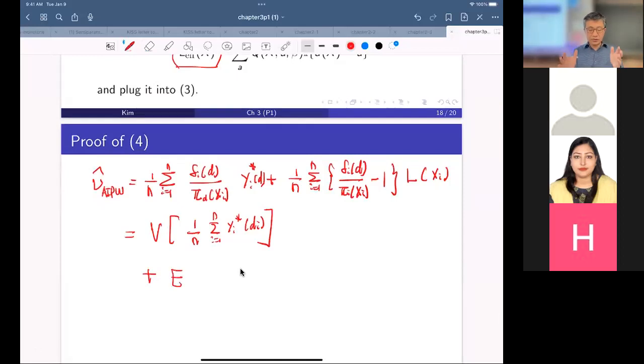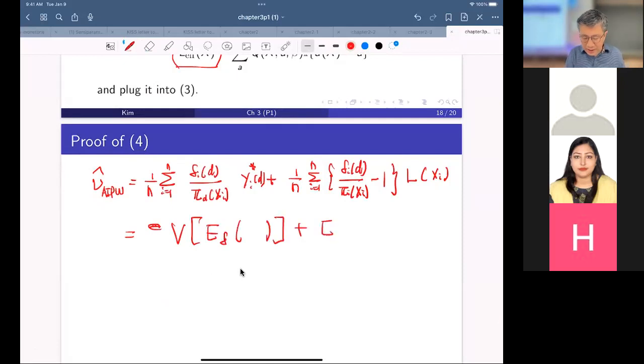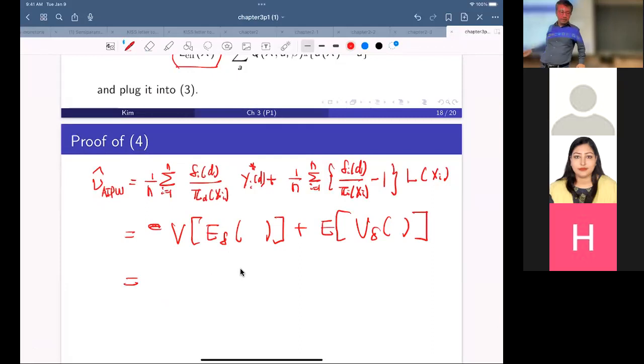So it's the expectation of the variance plus the variance of the conditional expectation with respect to delta. You want to calculate the variance of the AIPW estimate, the whole thing. The point is that if you take the expectation with respect to delta, you have a cancellation, this one is 0.